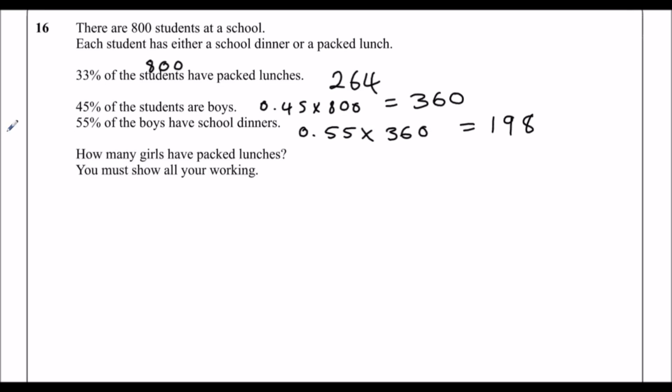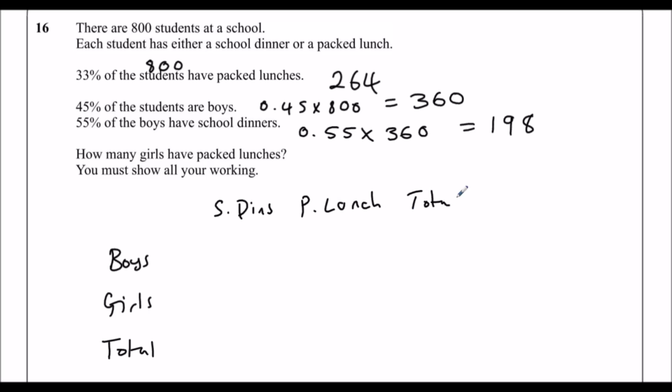So we could write this as a two-way table. So we've got boys, girls, total. We've got school dinners, packed lunch, and total.